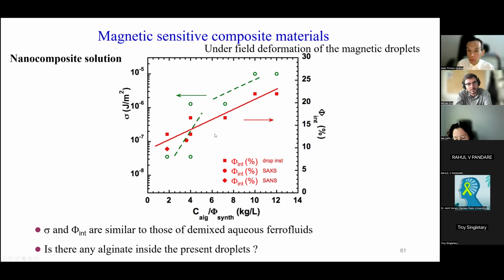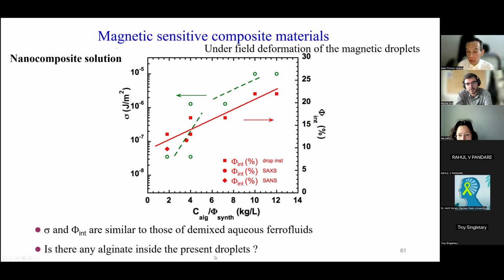And you can see an increase of interfacial tension. And the question is, is there any alginate inside the droplet? Because the interfacial tension increases and is much higher than in classical ferrofluids.